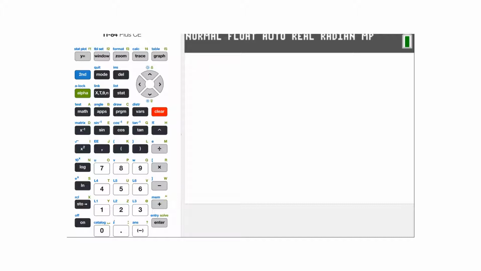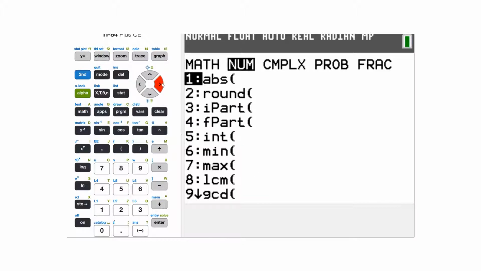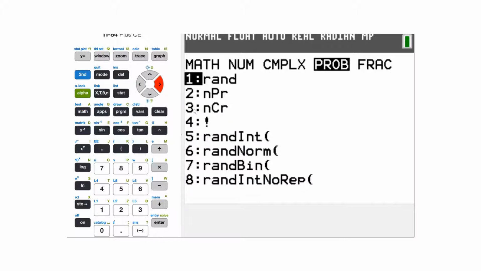Okay, so we're back over here on the calculator, and we're going to use our combinatoric method here on the calculator to find the binomial coefficients to expand the binomial a plus b to the fifth. So if I want to get to my combinatorics, I can go to math, and I'm going to scroll over here to probability, and I'm going to choose option 3.